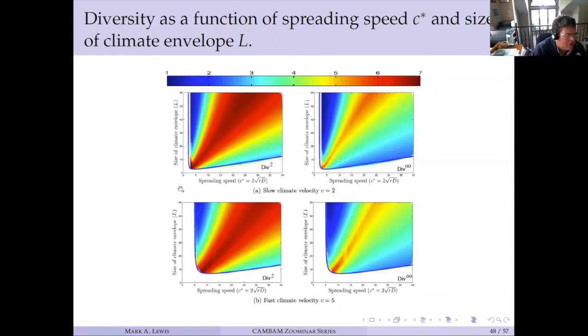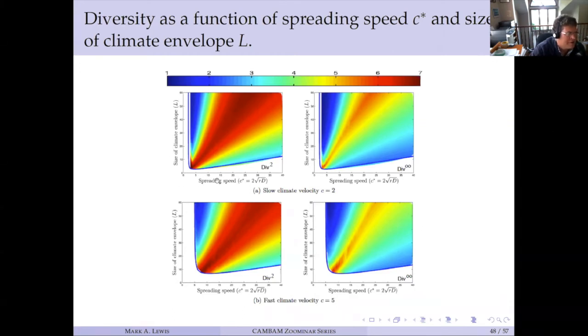And then on the horizontal axis is the spreading speed. We change the spreading speed by changing the diffusion coefficient D, and that's what's shown here. And on the vertical axis is the size of the climate envelope.